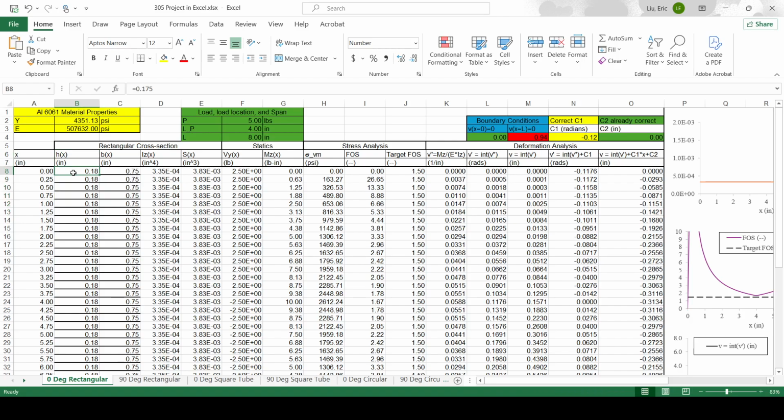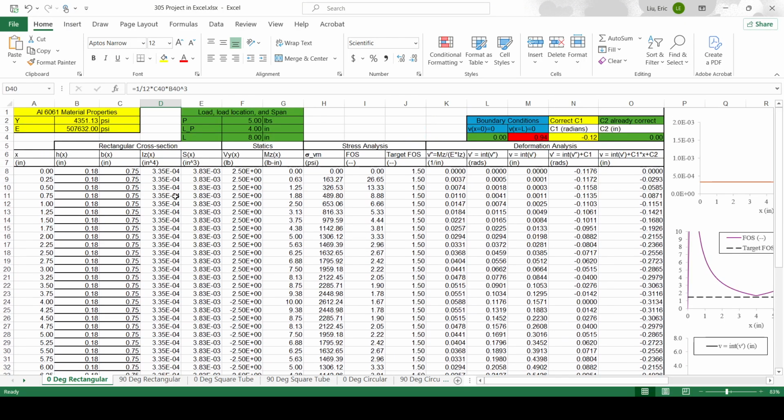So we have the height and the base. In this section for the cross-section, we're also given the moment of inertia and section modulus. The calculation for the section modulus is done with the moment of inertia over height.